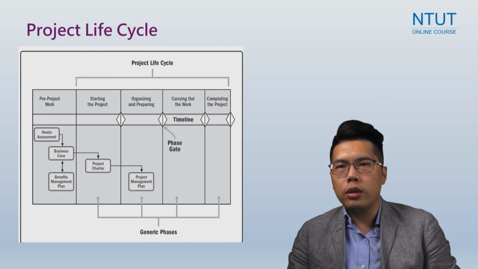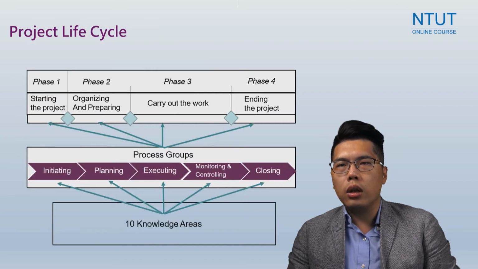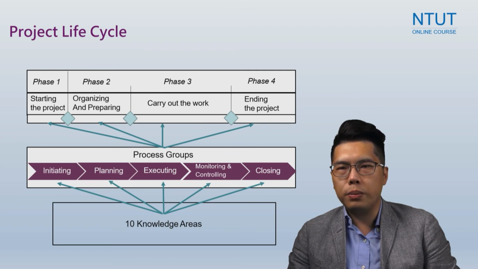So once we understand the project life cycle, it is very important for us to match the project life cycle to the process groups. Okay, so the four phases of the project life cycle can match to the process groups, and these five process groups are the critical processes in project management.